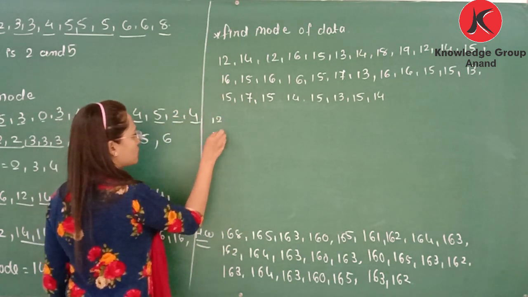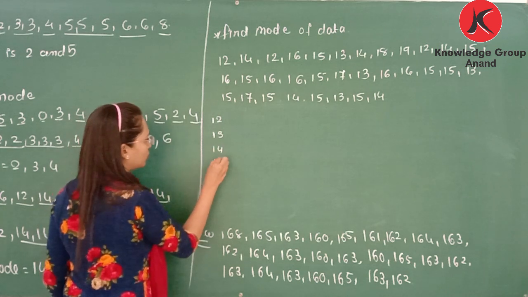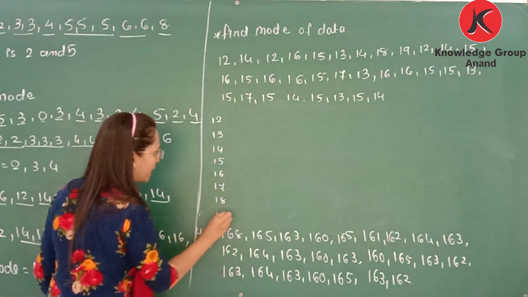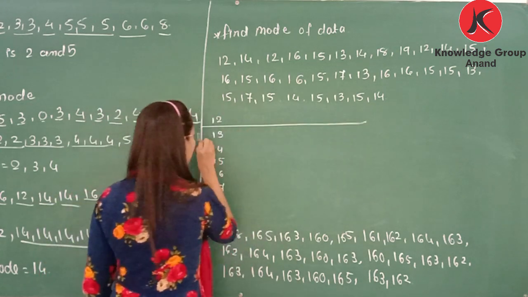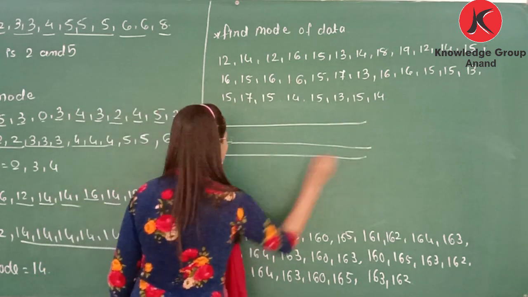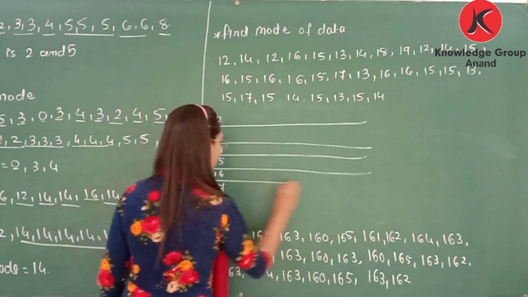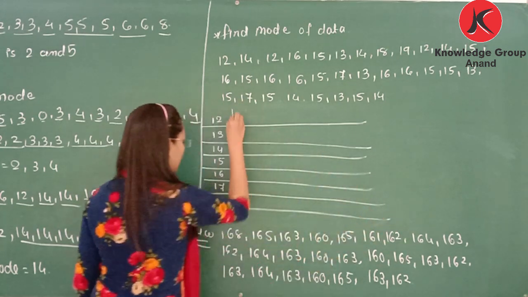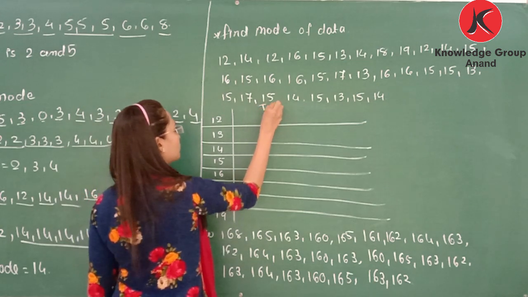Now next. Here find the smallest value, that is 12, and the largest value is 19. So in tally marks we start from 12, 13, 14, 15, 16, 17, 18 and 19. Now make a table. Now tally marks.